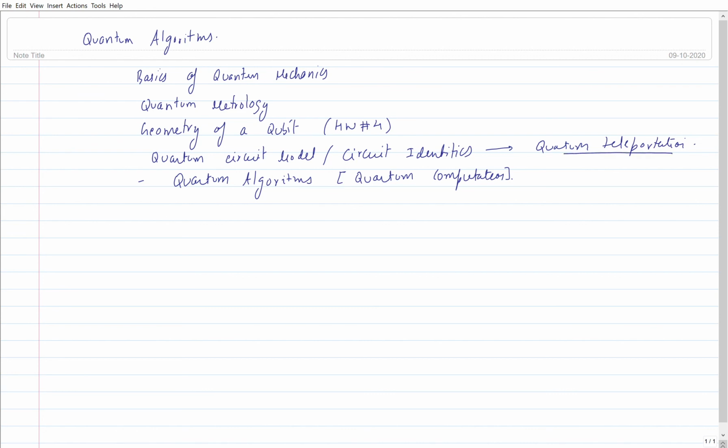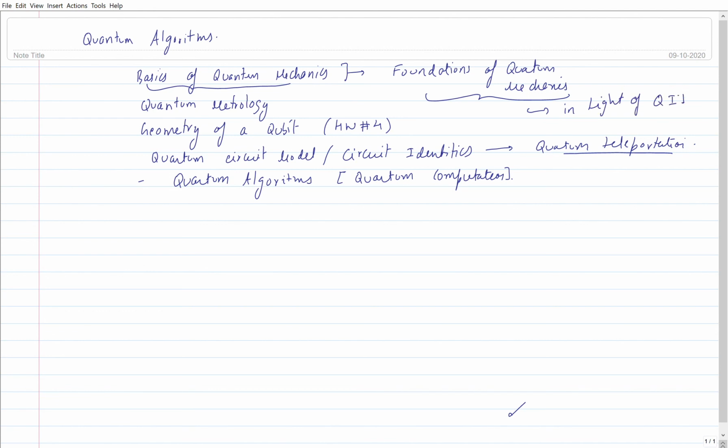and we'll study also, we covered the basic aspects of quantum mechanics, but we'll also look at some very deep questions or foundations of quantum mechanics and what quantum information theory can teach us about them, in light of quantum information theory.